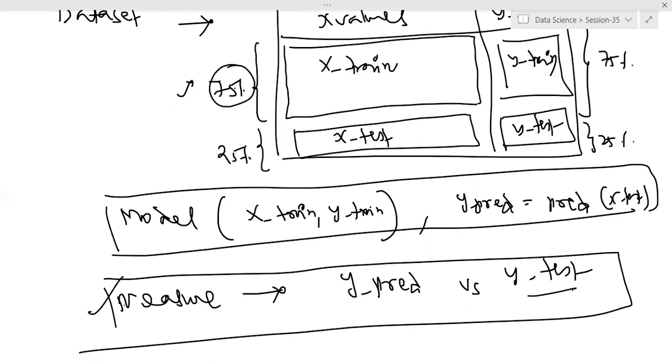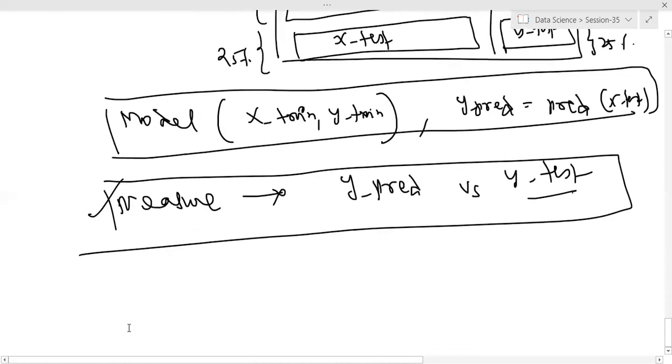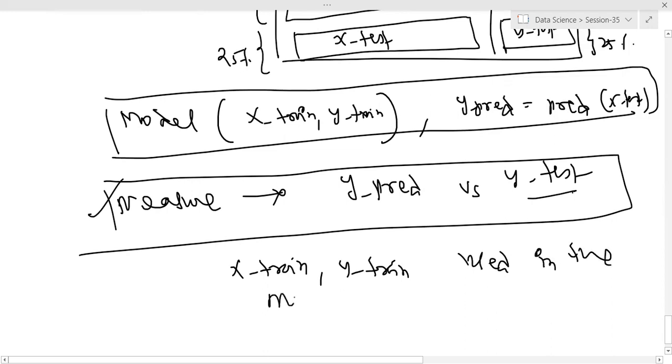Now observe here, a simple linear model: X train, y train used in the model construction.